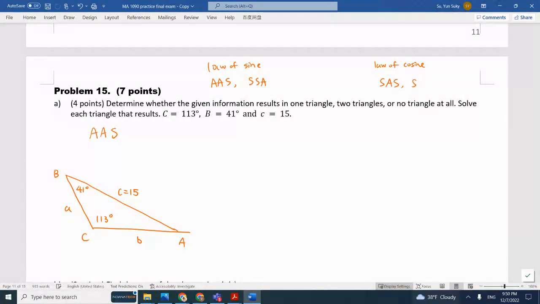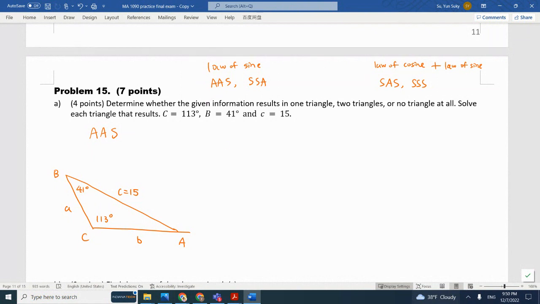Side, angle, side, and side, side, side. By the way, if you use law of cosine, it doesn't mean that you don't use law of sine, because maybe you also need law of sine, like in today's class. Those two examples, we use both. But for angle, side, or side, angle, you only use law of sine. You don't need to use law of cosine.